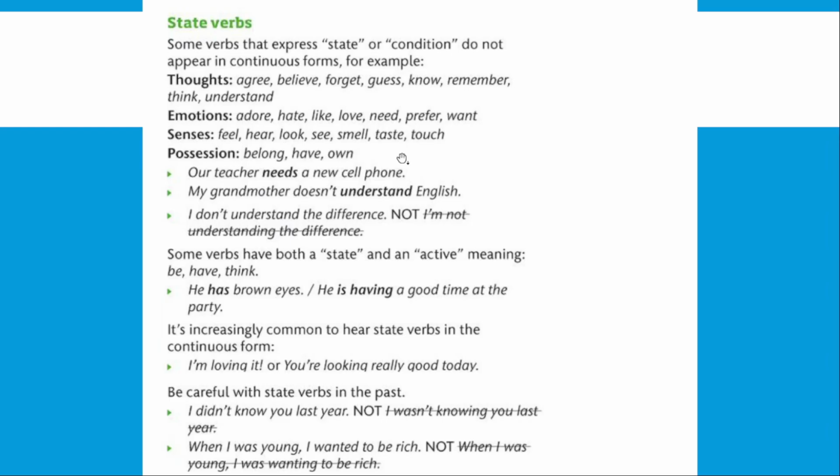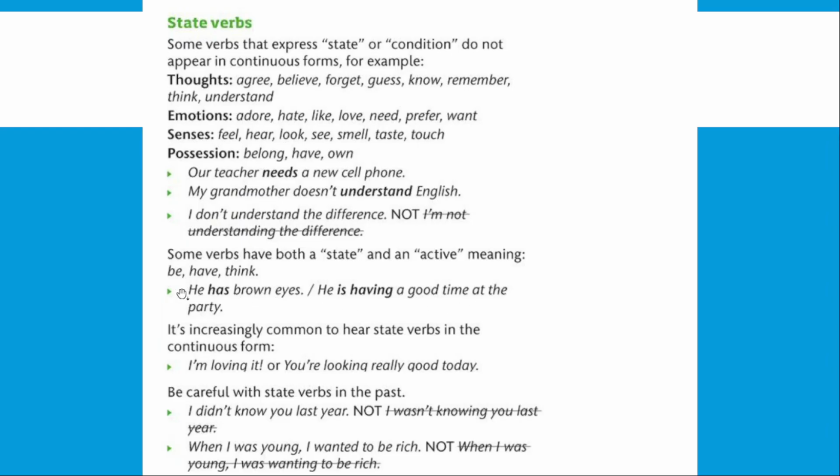But class, you know that in some situations we have some exceptions to this form. As you can see here, some verbs have both a state and an active meaning. For example, the verbs be, have, and think. As you can see in this example, we say he has brown eyes, or we can say he is having a good time at the party.